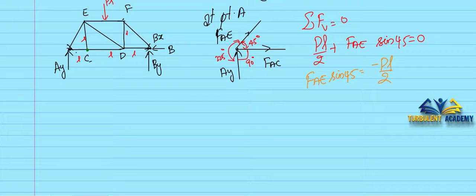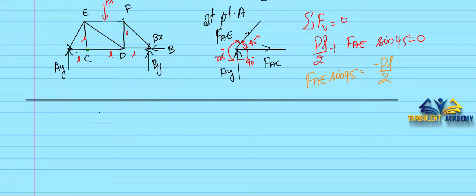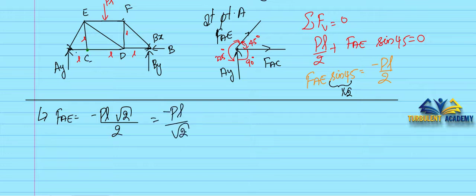I'll put a line so that you never get confused. So from here, FAE times 1 by root 2, I'll put a bracket, this is 1 by root 2, and it will go to the top. So it will be minus PL root 2 divided by 2, which leads us to minus PL by root 2, which is FAE.